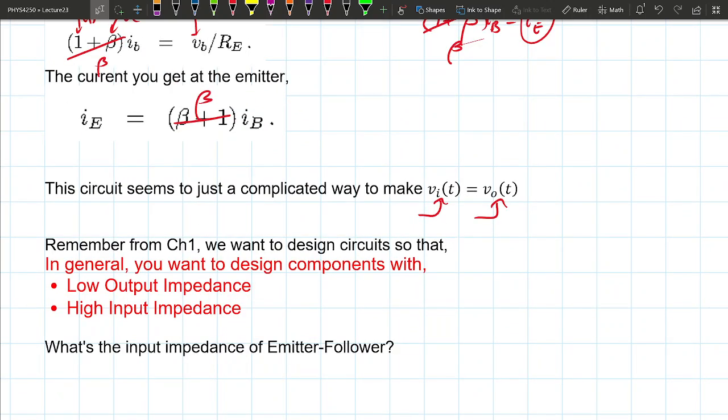Now we're going back all the way to chapter 1. Remember when you're designing circuits, you want your output impedance to be low and your input impedance to be high. That way when you connect an output to an input, the input is not affecting the output. Remember that from when you did your voltage divider?